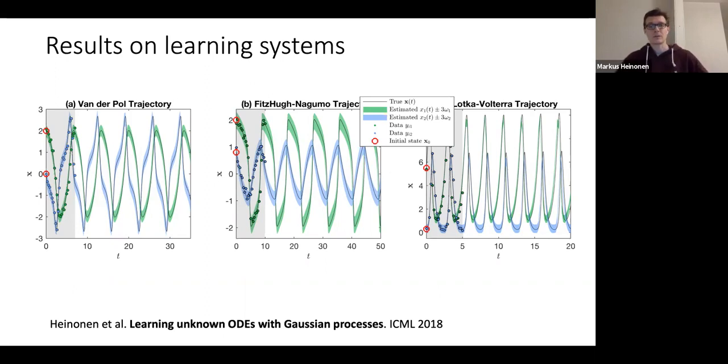And then we learn the system, and then we predict forward to the future. And our prediction is shown with the green and blue regions, and the black is the truth. So it seems that we can surprisingly accurately reproduce these dynamics from just one cycle of dynamical data. So this system seems to work quite well.